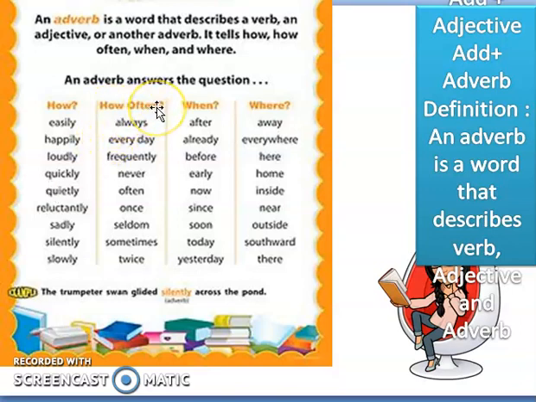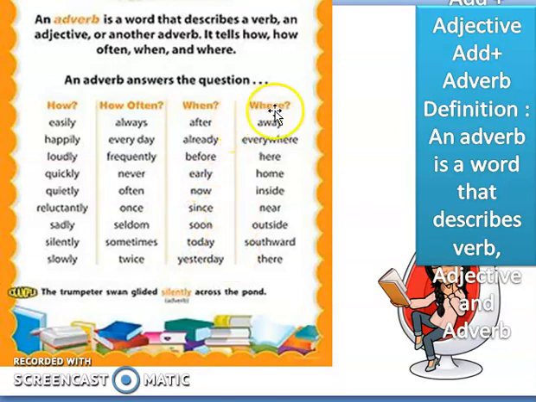How often? Kotobar. This also describes answers adverb. Always, every day, frequently, never, often, once, seldom, sometimes, twice. When, after, already, before, early, now, since, soon, today, yesterday.